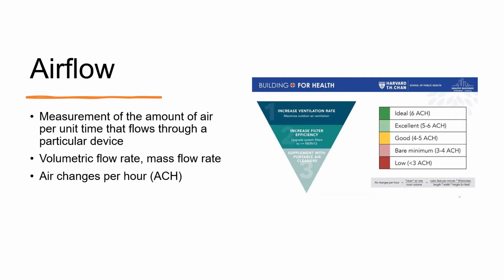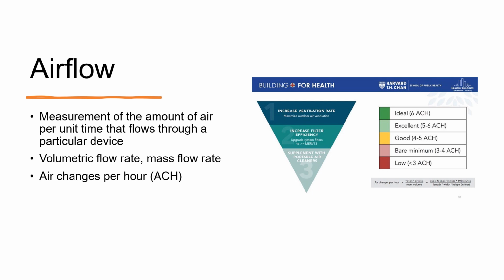When we discuss air movement or ventilation in an engineering sense, so in the sense of we're trying to control for it in an occupational setting or a residential setting, we can also describe it as airflow, which is the measurement of the amount of air per unit of time that flows through a particular device.